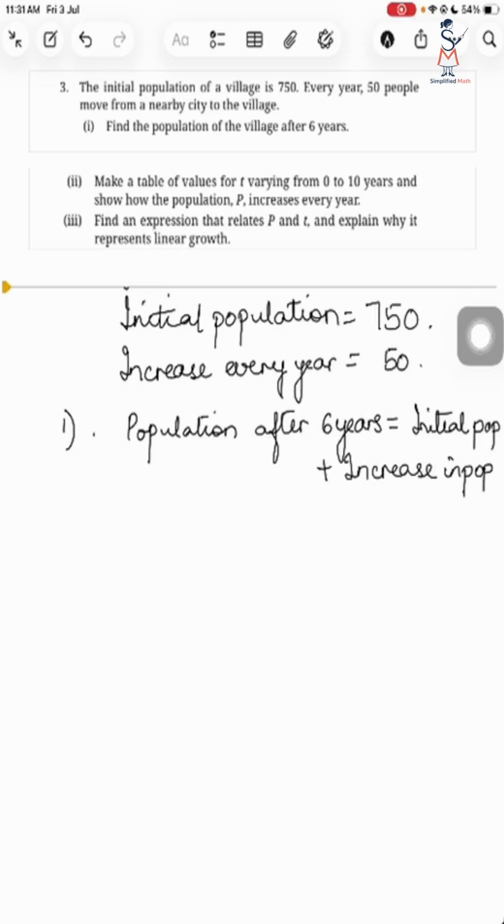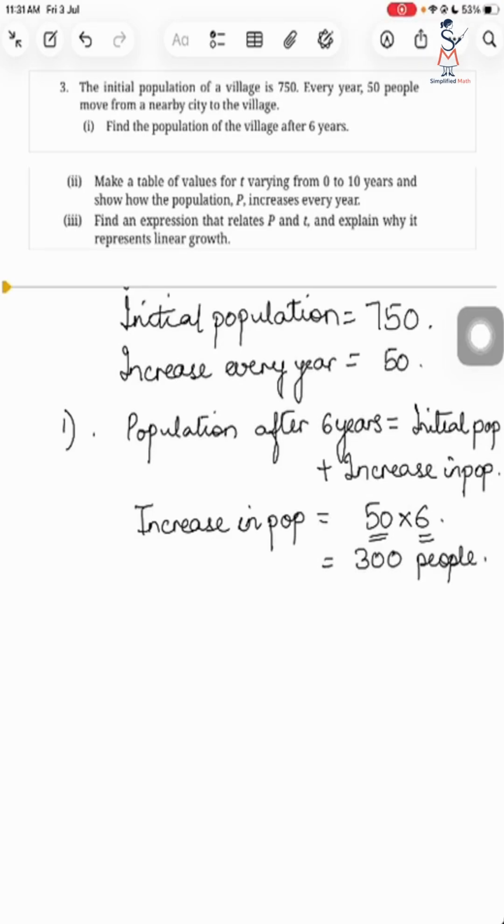So first we will find the increase in population. The increase in population will be 50 into 6. 50 is the increase per year and 6 is the number of years. That is 300 people have increased in 6 years.